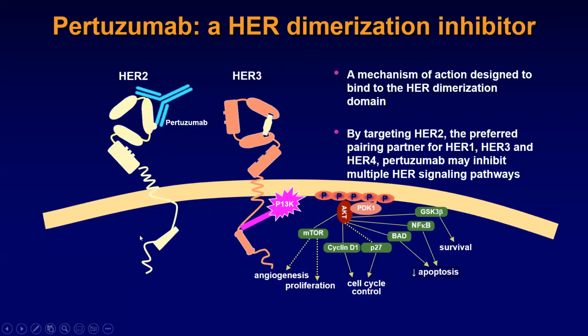So what pertuzumab is, it's an antibody just like trastuzumab, but it binds to and blocks where the two, HER2 and HER3, get together, and it's a different site than where trastuzumab binds, which is somewhere over here. And so studies were done in mice and then in phase 1 showing the two antibodies work well together.